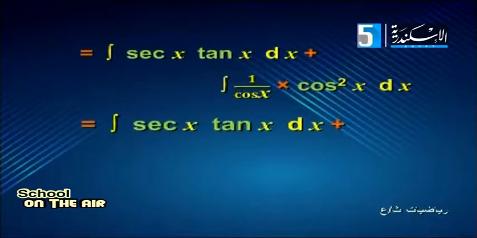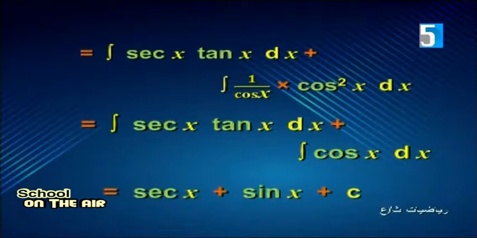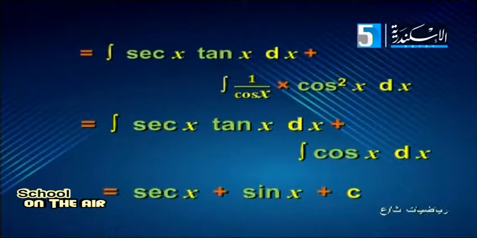Then integration sec x tan x dx plus integration cosine x dx. Now the integration of sec x tan x dx equals sec x, and the integration of cosine x dx equals sine x. Don't forget the constant c.